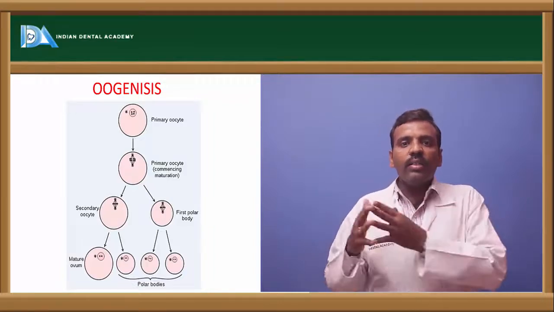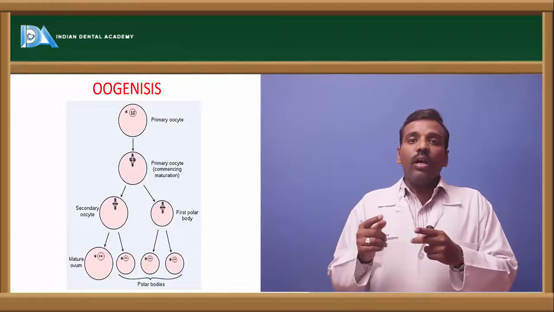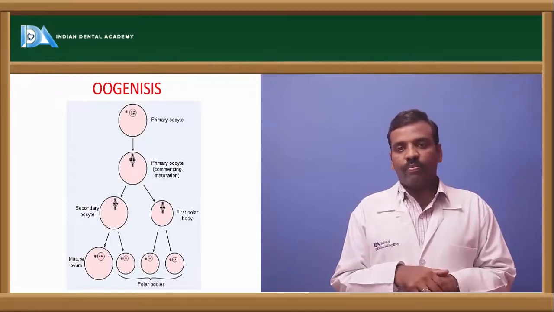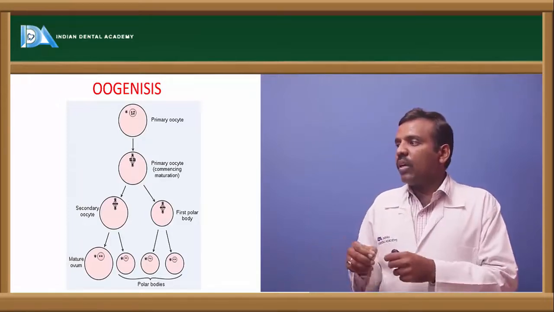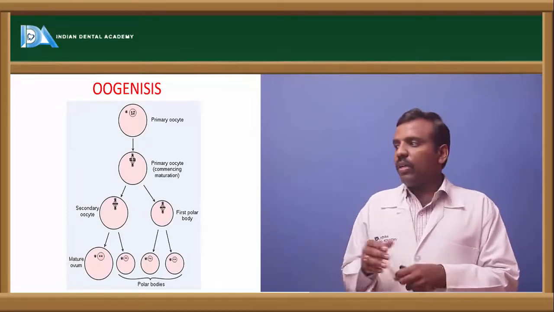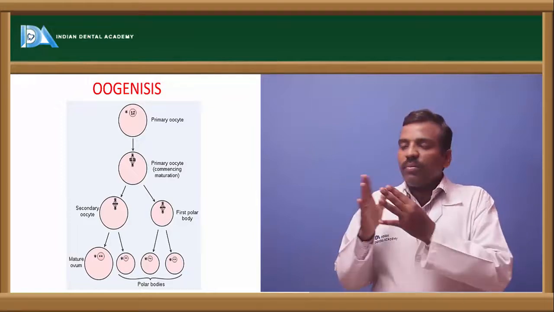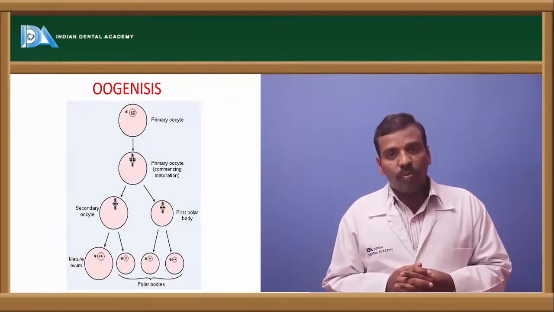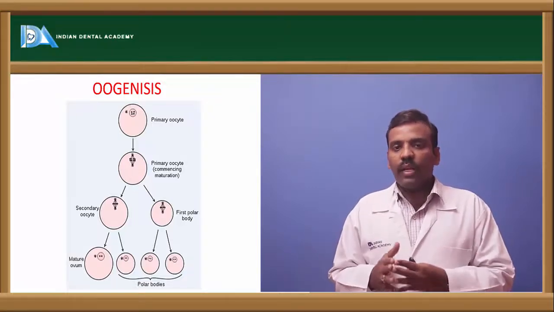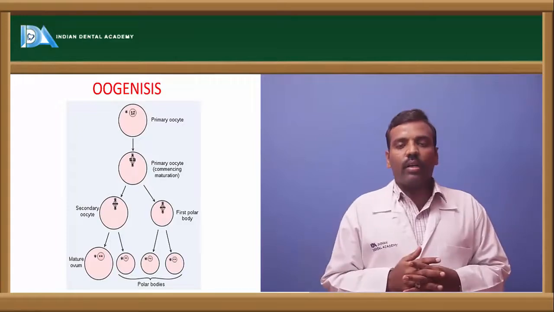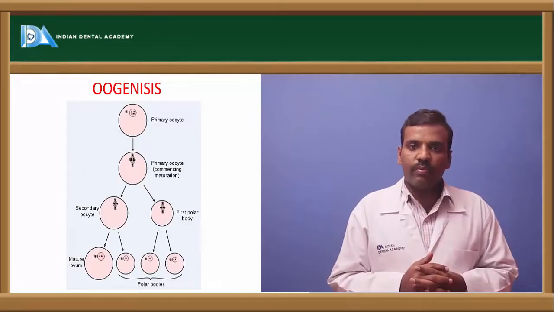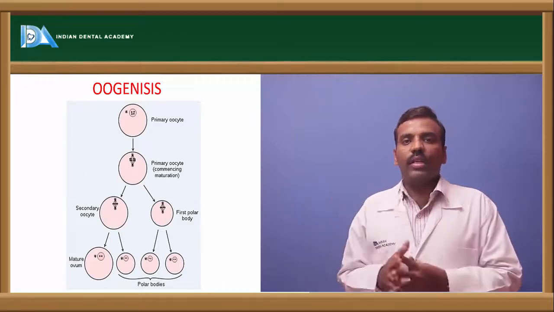Next, the secondary oocyte and the first polar body. From that there is production of the matured ovum. The matured ovum and the polar bodies come from the secondary oocyte and the first polar body. So that is oogenesis.